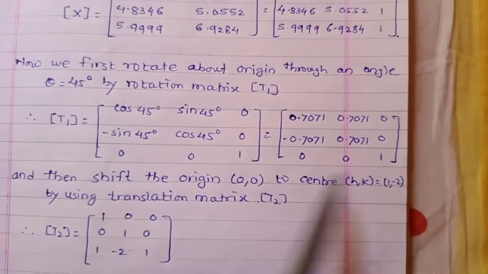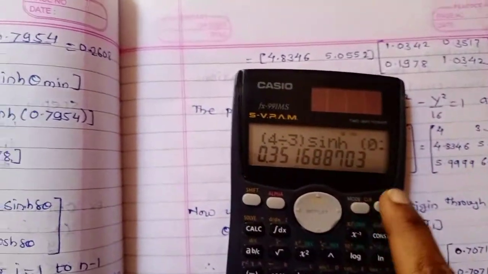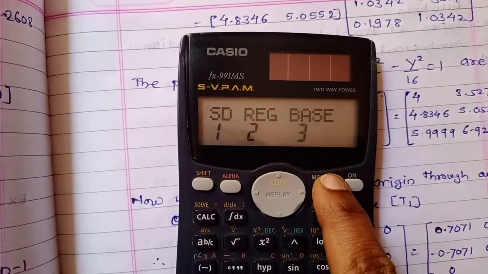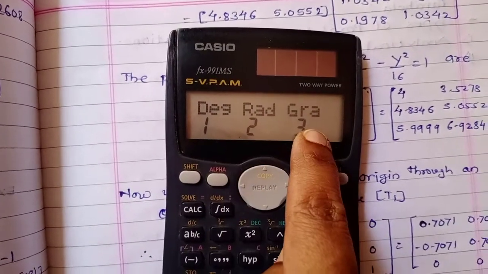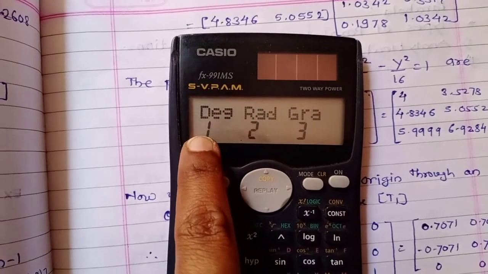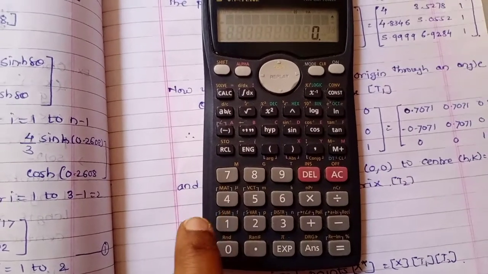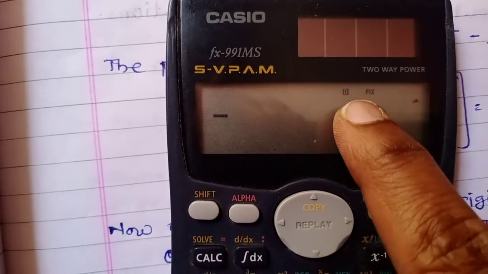But now this is again in degrees, so we have to change the mode of our calculator. Press the mode key, where we see degree, radian and gradient. We need degree here, so first of all we press 1. Now the mode has been converted to degree.